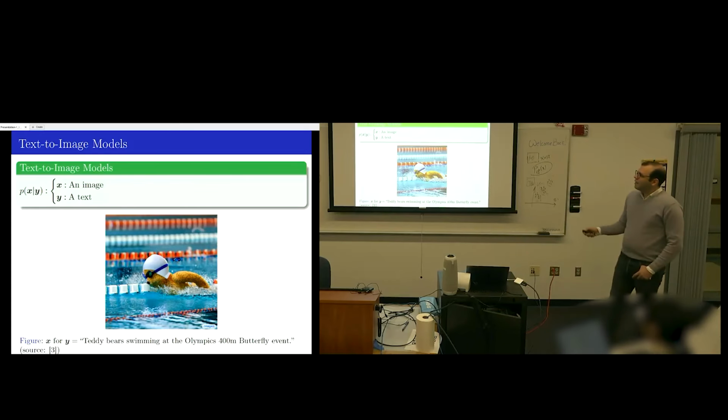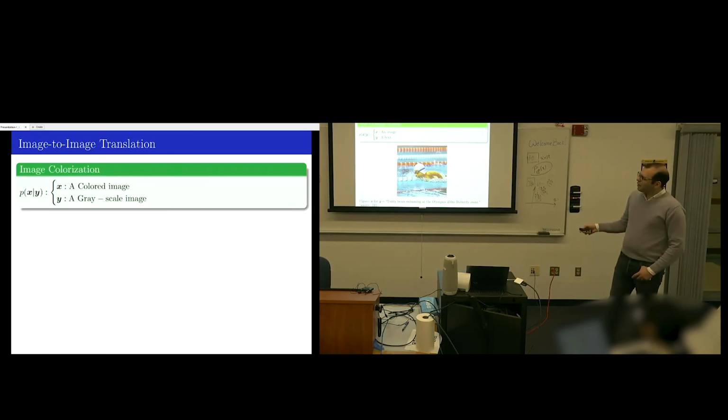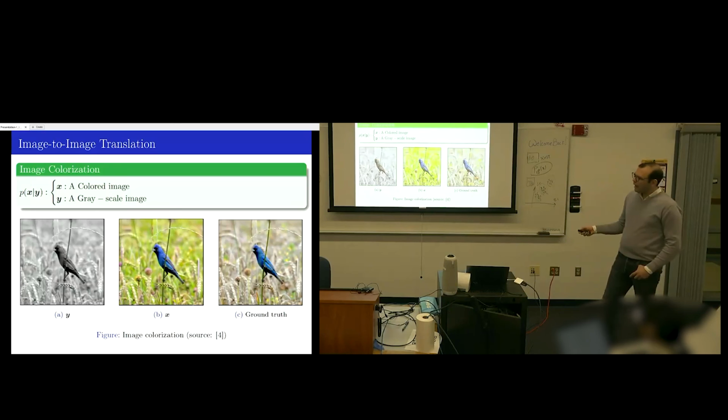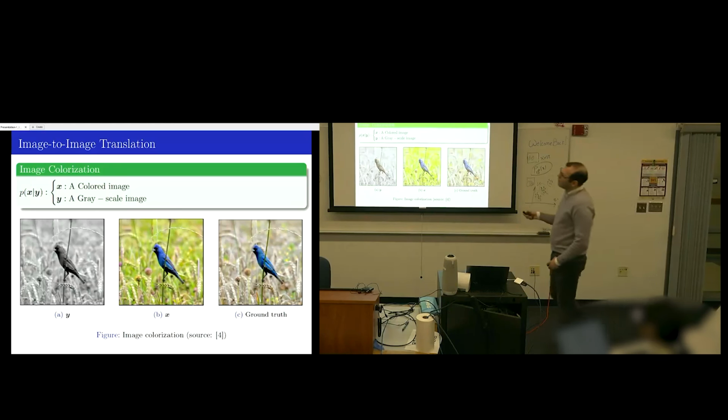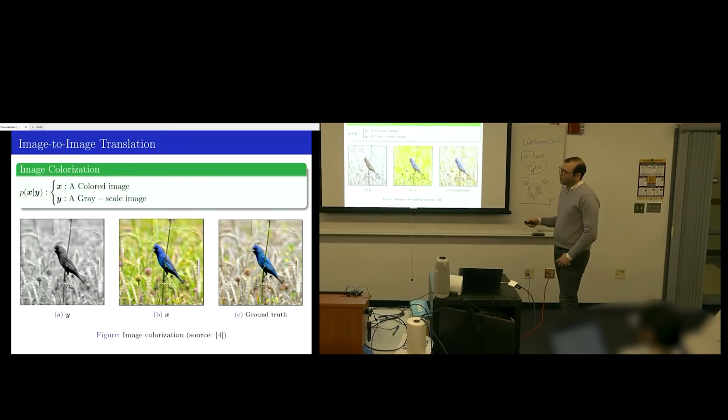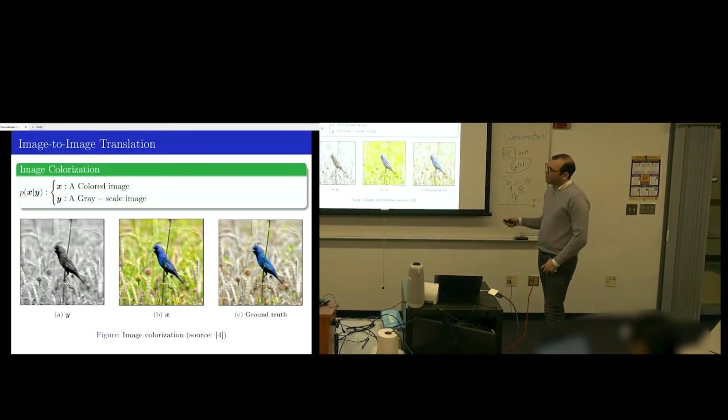And the other task is image colorization. How? Your input is a grayscale image, and you want to colorize that image. The output is a high-dimensional image, where the depth is 3, in contrast to the input, which is 1.